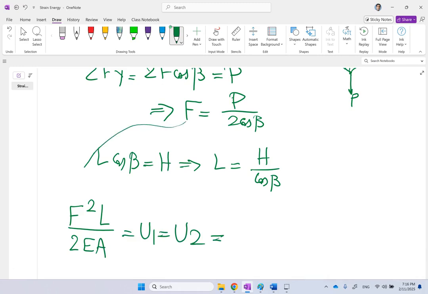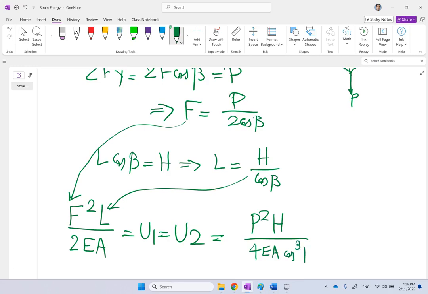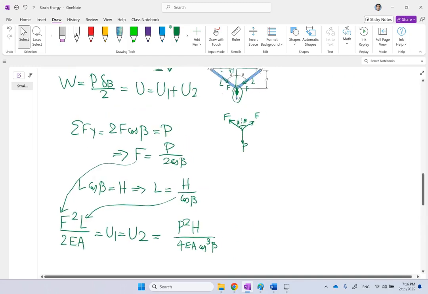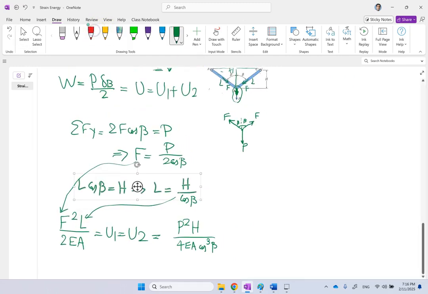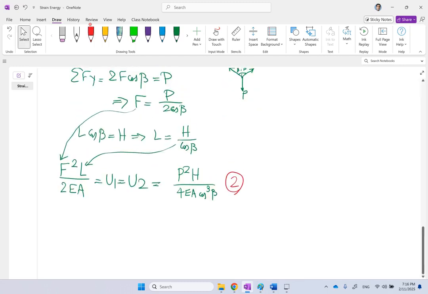Now, if I plug in these F and L that I have here, you can see that it will be simplified to P squared H over 4EA cosine cubed of beta. Good? So now if I call this relation 1, and I call this relation 2, if I plug 2 into 1, what would you get?